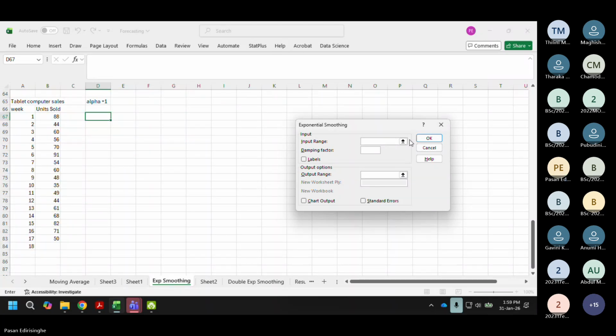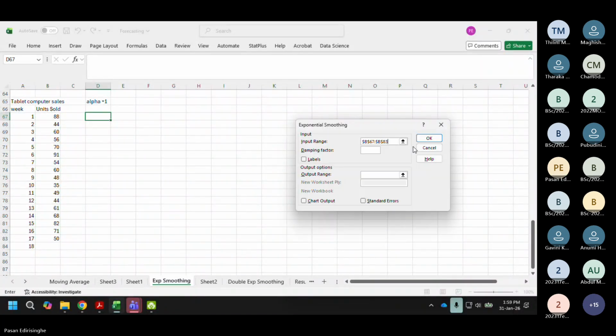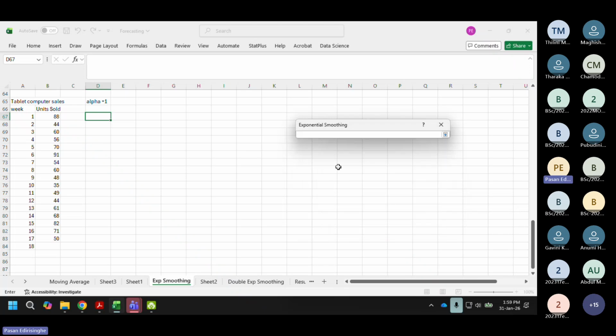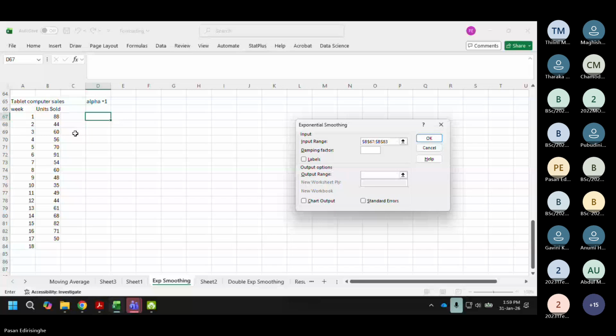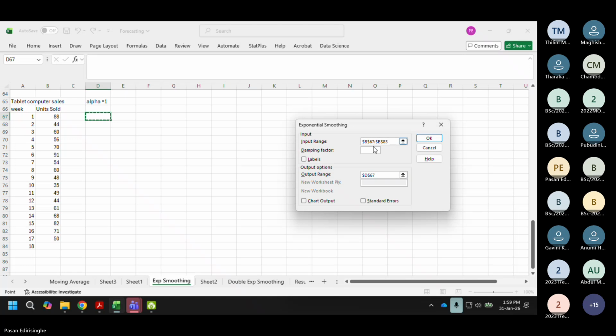So if you go there, I can define input values, and I can define some output range. I can take the output range there, and then I can take the chart output.